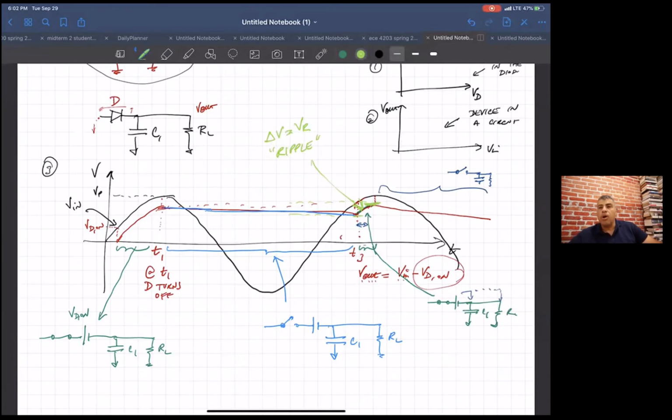It's something you don't want. You'd want a completely flat, smooth line there supplying the voltage to your circuit, but you're getting this ripple because you're discharging the capacitor and dumping the charge on. So the goal is to reduce ripple as much as possible.